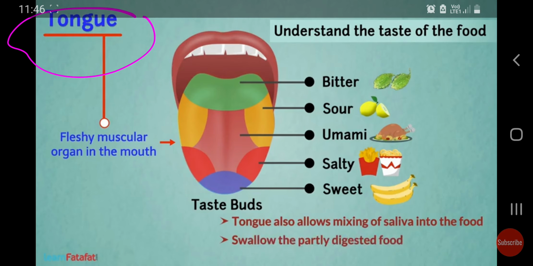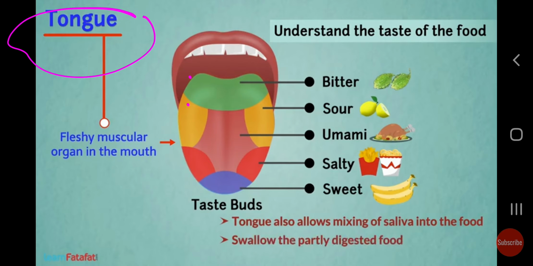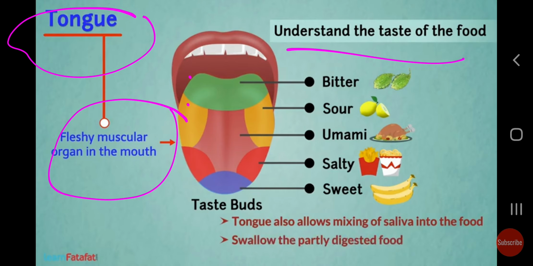The third part of the mouth is the tongue. Tongue is a fleshy muscular organ in the mouth. Primarily, it helps us understand the taste of the food. The bitter taste can be identified by this green region, and the sour taste can be identified by this yellow region.